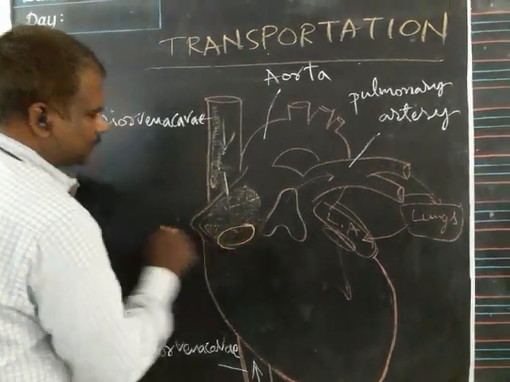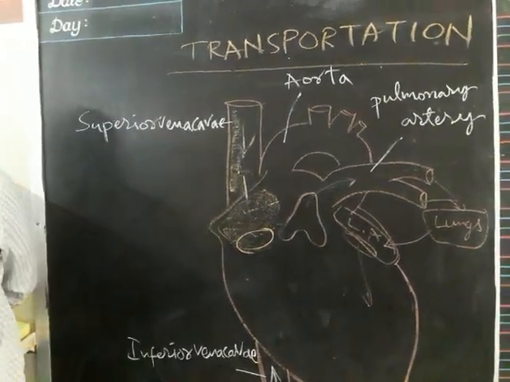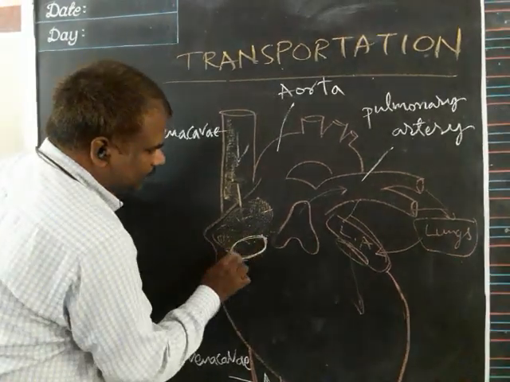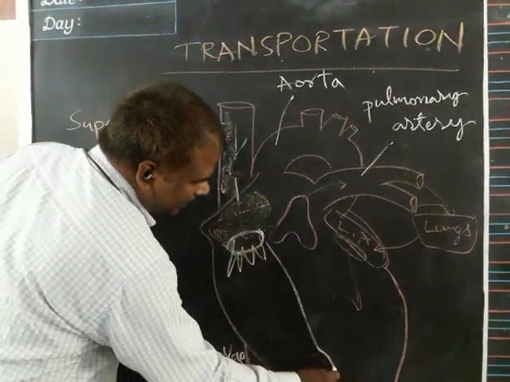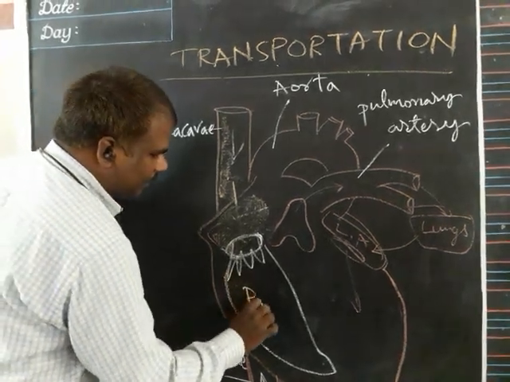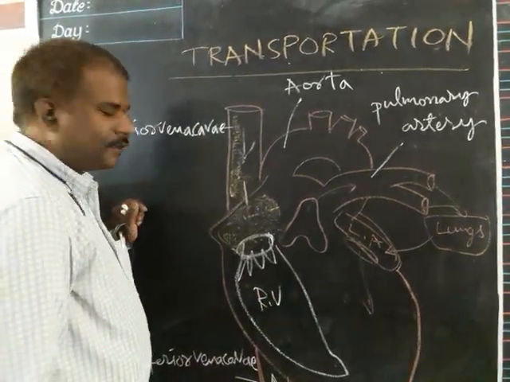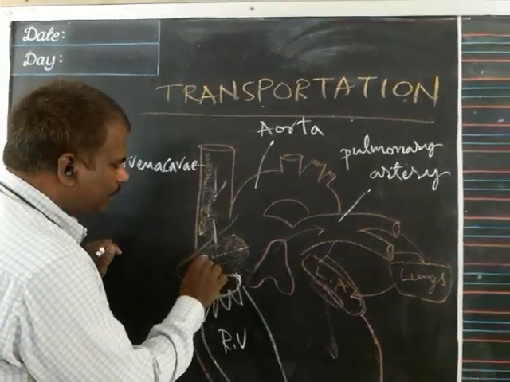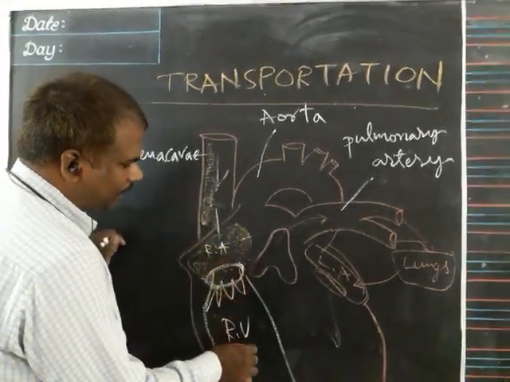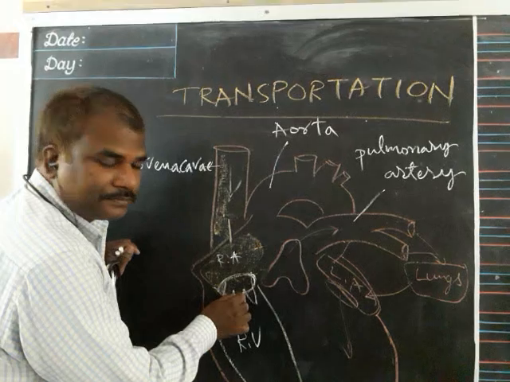Then here an aperture is there. An aperture is nothing but an opening, an opening into the ventricle. It is the right ventricle. Blood forcibly moves from the right auricle to the right ventricle through this aperture.